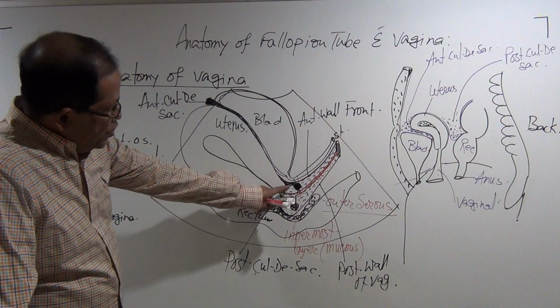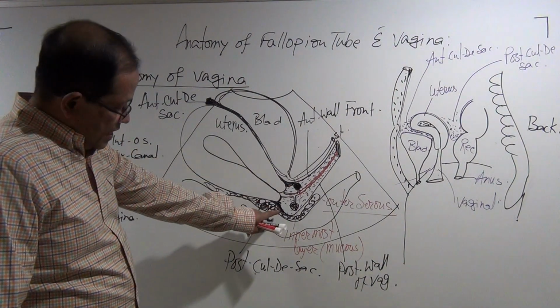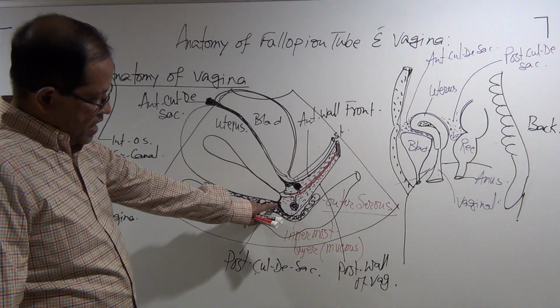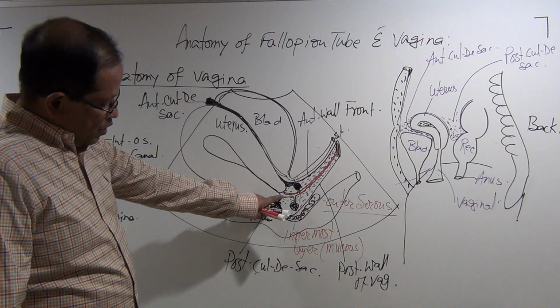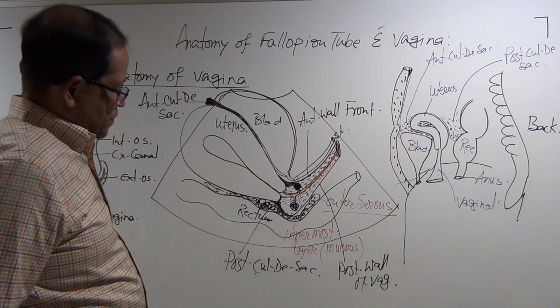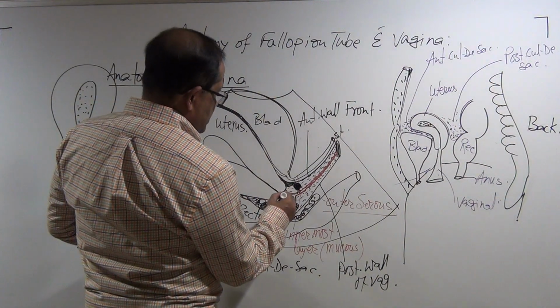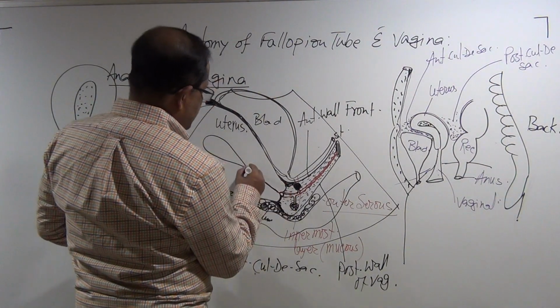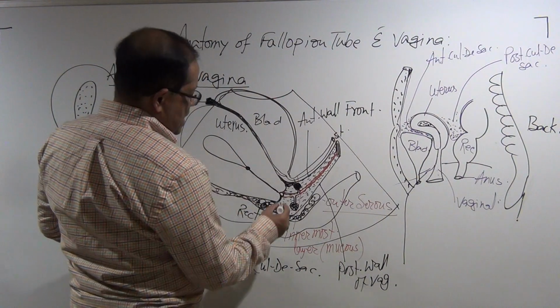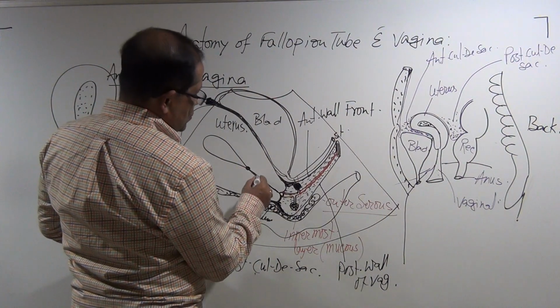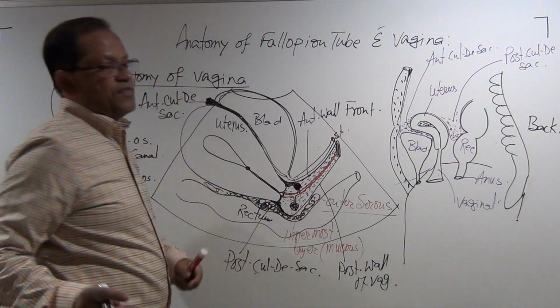And the anterior is smaller than the posterior, this area. And because of this connection, the external os is here and the internal os is here. The external os is inside the vagina.